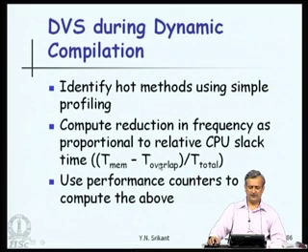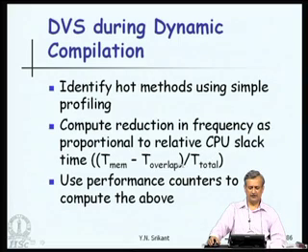So, T mem minus T overlap is proportional to the CPU slack. Divided by T total, it is really the ratio that is used as a measure of the slack of the CPU. So, this relative CPU slack time is used to compute the reduction in frequency.